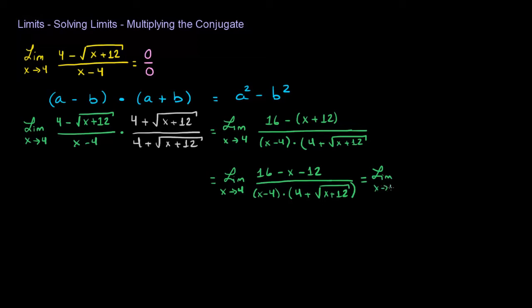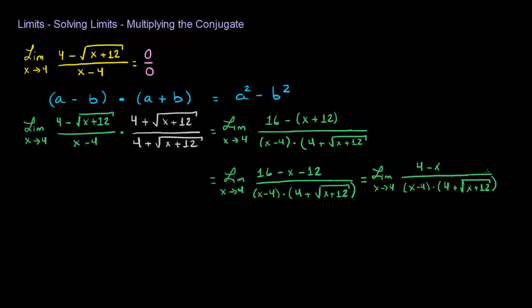Again, I have to write this limit when x approaches 4. So here we get a 4 minus x in the numerator, and below I have x minus 4 times 4 plus the square root of x plus 12, just like this.